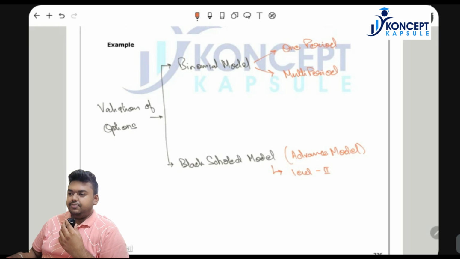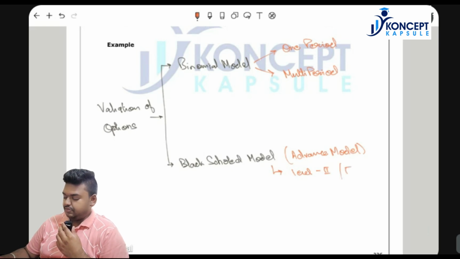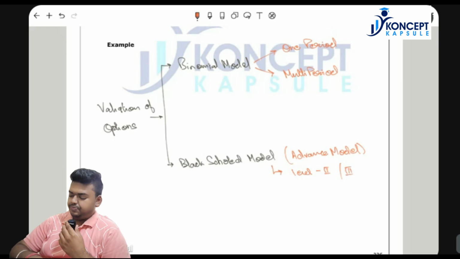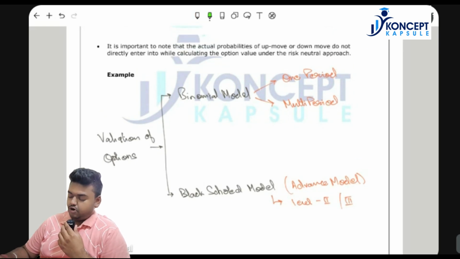Are we clear, guys? Level 2 and some part will also be there in level 3. Okay. In your level 1, what you have is a one period binomial model.